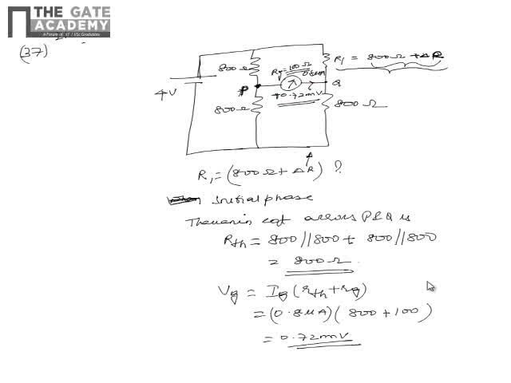If I write KVL inside this first loop, this voltage should appear across this one only.